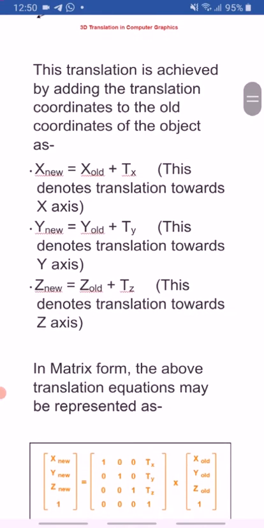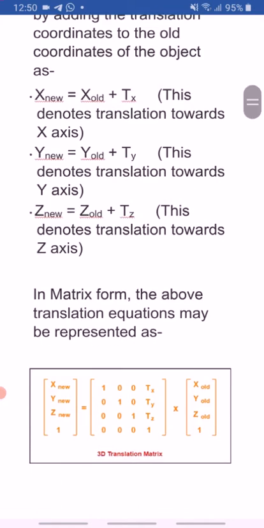So here are the equations. We can obtain x new by adding x old plus tx. tx is the translation vector of the x coordinate, and we can get the new y coordinate, y new, by adding y old plus ty.